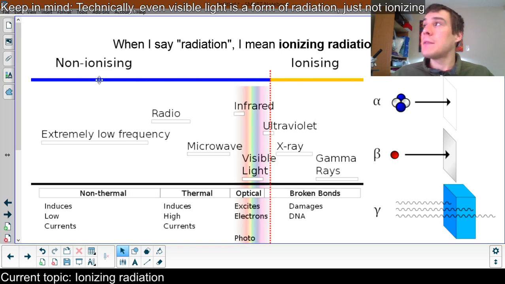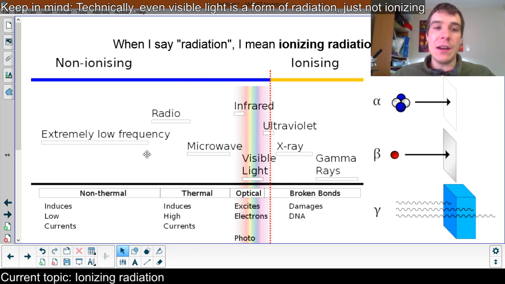Everything below this red line here is non-ionizing. So you see radio, infrared, microwave, visible light, some of the ultraviolet spectrum. All of these don't have enough energy per wave to break a bond, to make DNA damage happen. These ones do. So X-rays and gamma rays are ionizing.